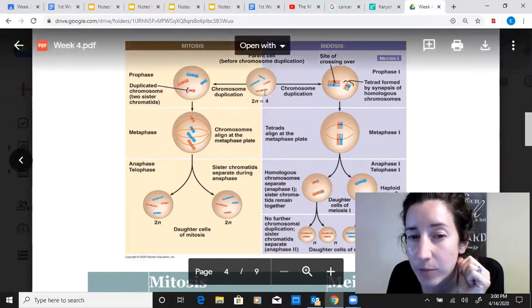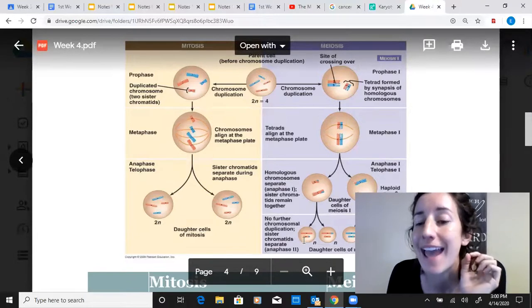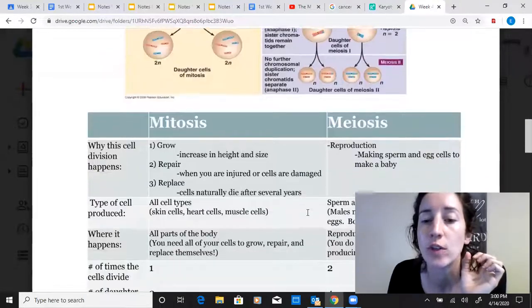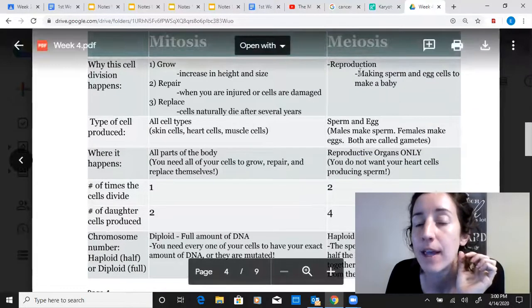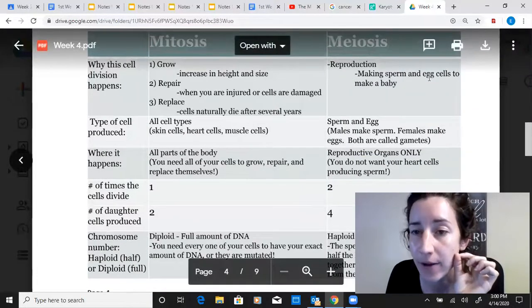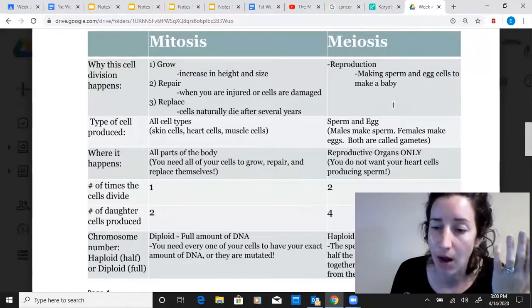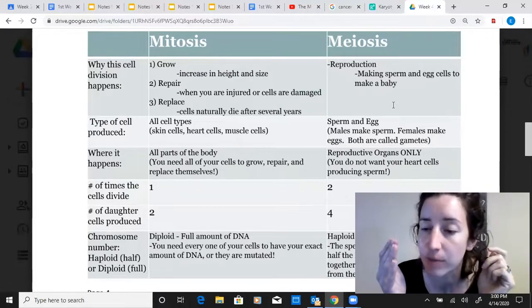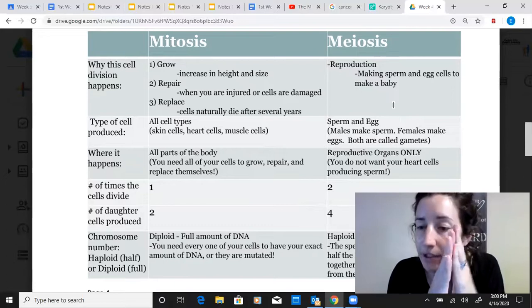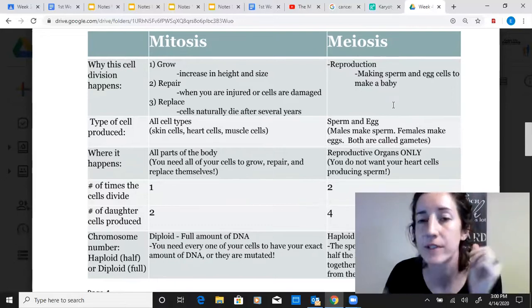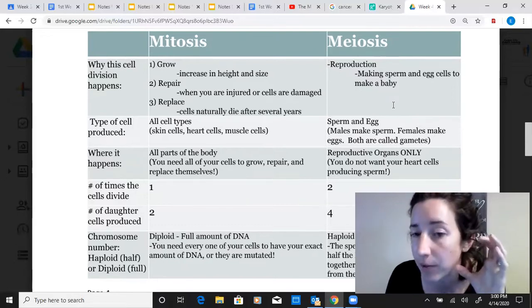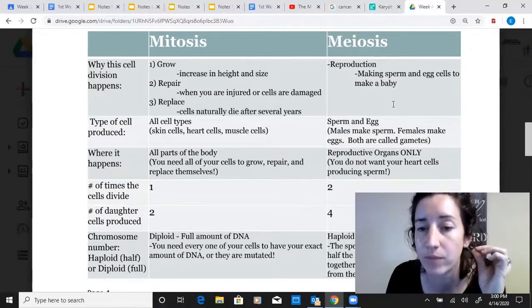How many chromosomes did we start with? 4. So that is half the DNA. So when you are in meiosis, making sperm and egg cells to make a baby, you only want half the DNA to come from your mom and half the DNA to come from the dad. So when they come back together, that is a single cell, and it's going to develop into a new organism.